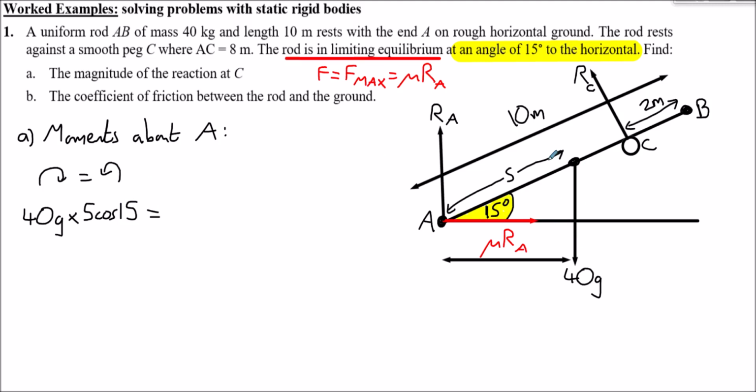That must equal the moments going anti-clockwise, which will only come from the reaction at C. So that's going to be the reaction at C multiplied by the perpendicular distance of the line of action of C from A. Well, from C to A it's already at right angles because it's a normal reaction, and we're told A to C is 8 meters.